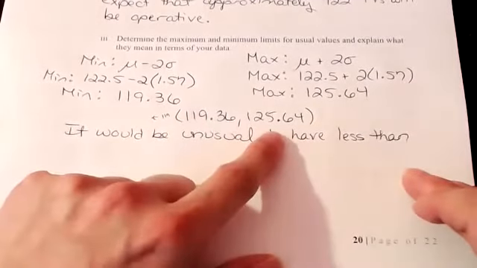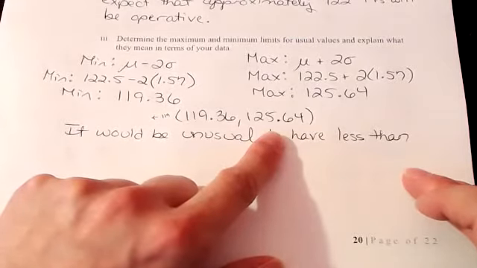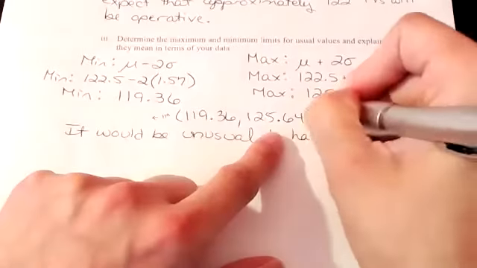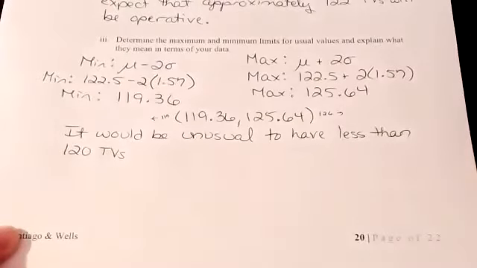Is 126 within this boundary? No, of course. So 126 and bigger is outside of those bounds. So it would be unusual to have less than 120 TV sets or TVs. We could say just TVs.